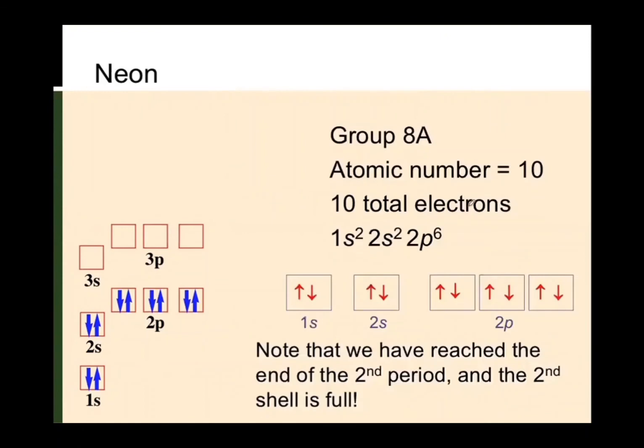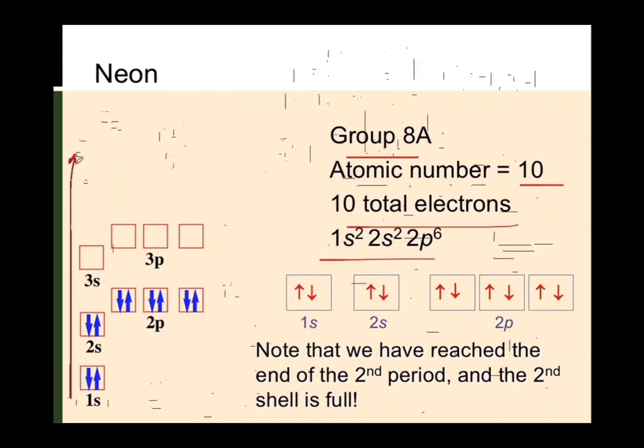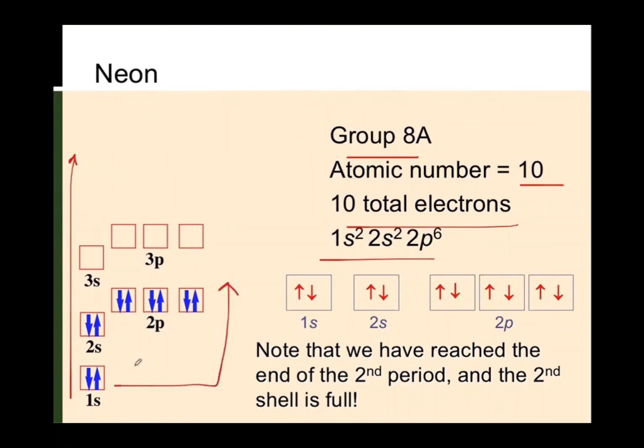And then the last one here is neon. It's in group 8A. It has atomic number 10 with 10 total electrons. So it's got the configuration of 1s2, 2s2, 2p6. And so we fill in our electrons again according to lowest to highest energy, following the Aufbau principle.